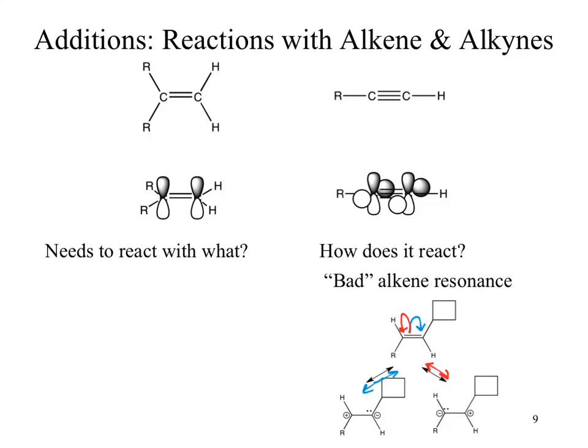What happens if in that box, I make it an R? Which resonance structure is preferred? There's not going to be a difference. There's absolutely no difference. Which means when we go through the reaction, both carbons are equally likely to be negative, both carbons are equally likely to be positive, which means we end up with a whole plethora of possible products. Okay? Particularly if those R groups are different from each other.